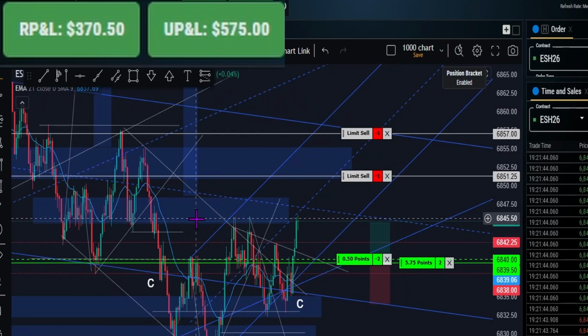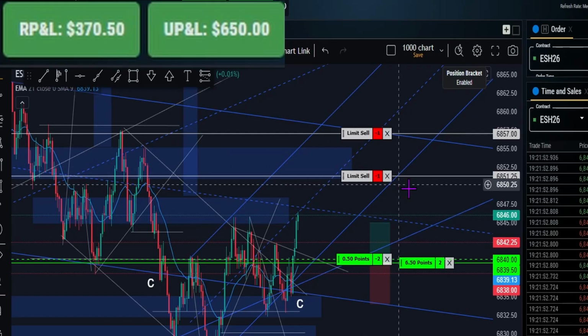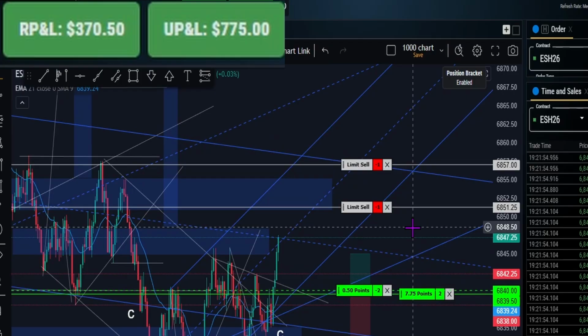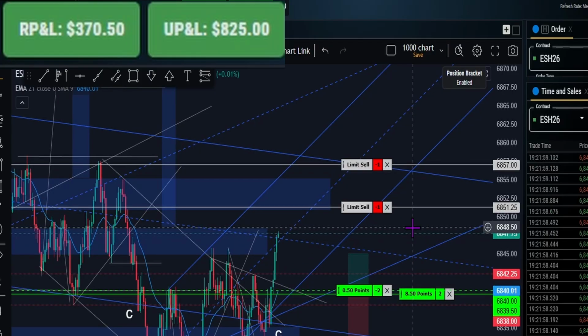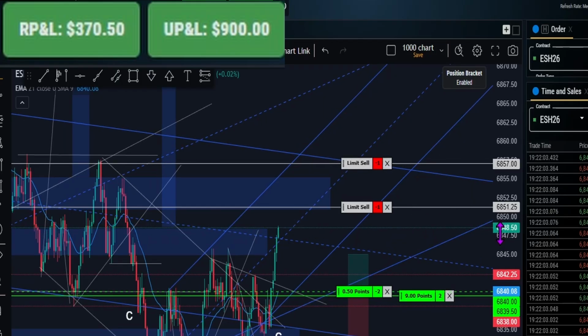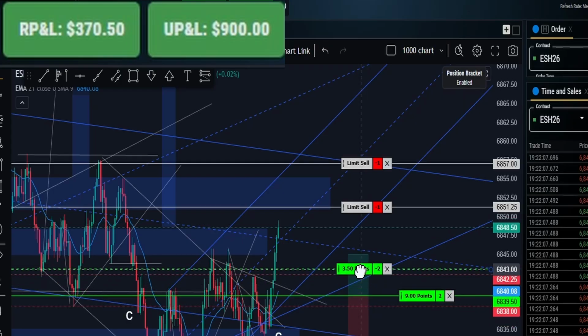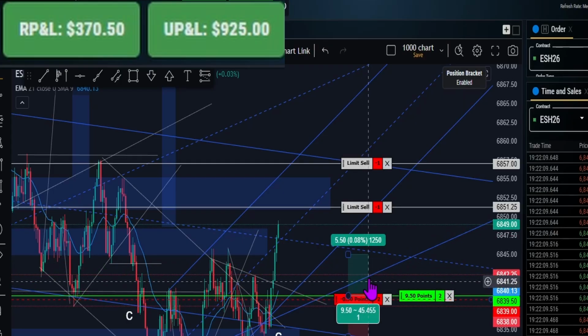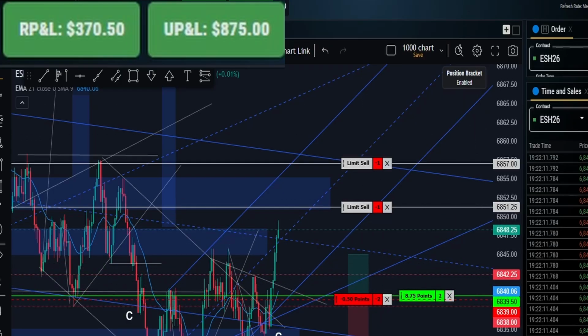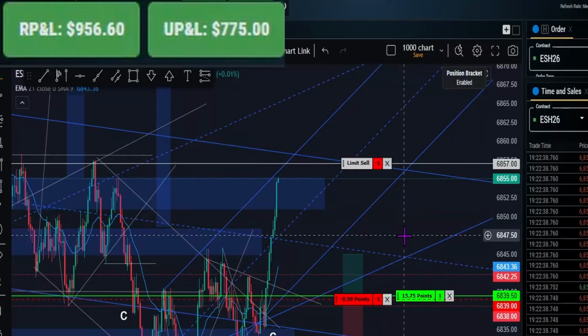This is also a trap level, so maybe they are trapping all the time, but I think they have to go out here quickly. Order filled.